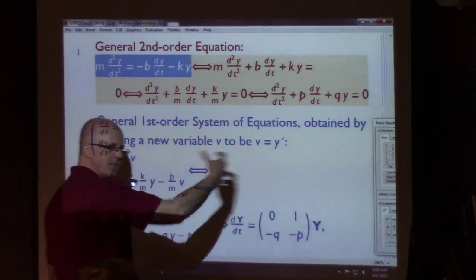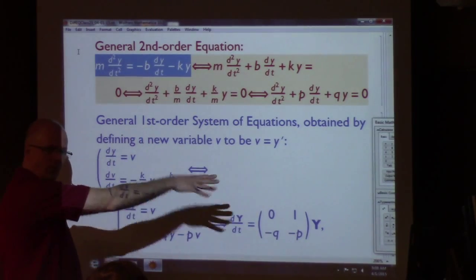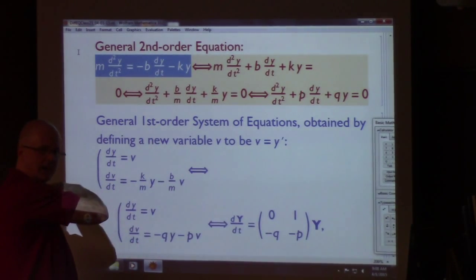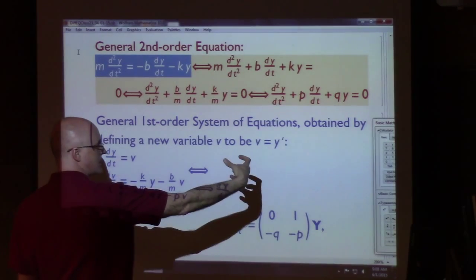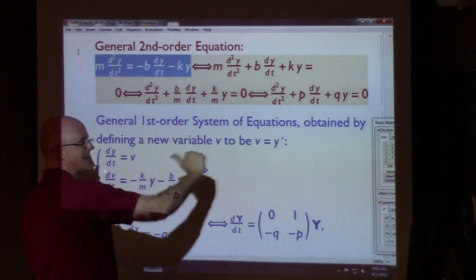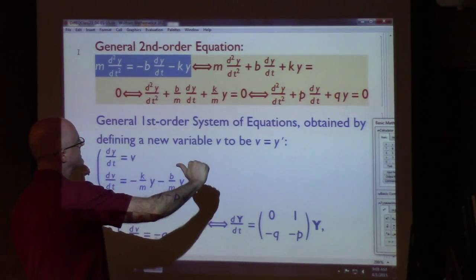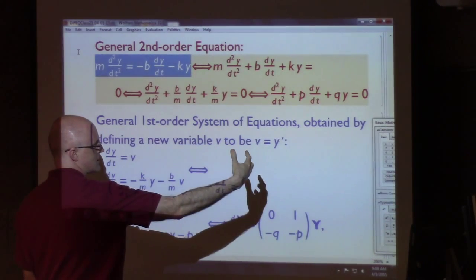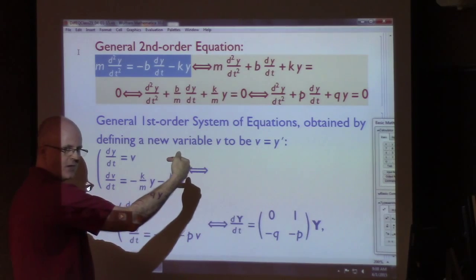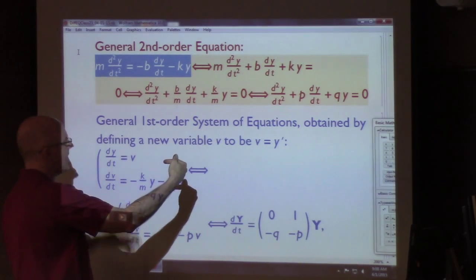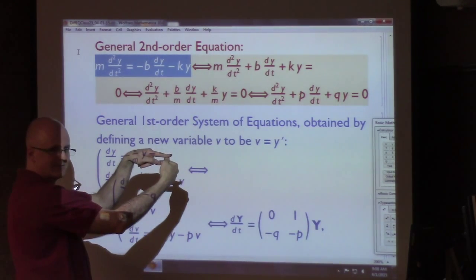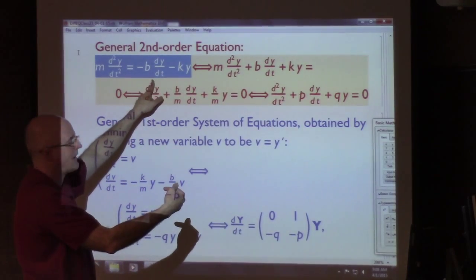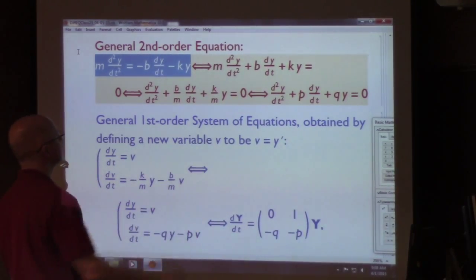So if you imagine a back and forth spring, say, with rightward being positive and leftward being negative, when you stretch it to the right, y is positive, the restoring force is negative. If you let it go from that position, it's moving to the left, so the velocity is negative, and the damping would actually be in the positive direction. That would be a positive number when the velocity is negative.